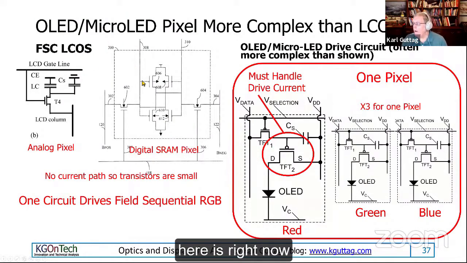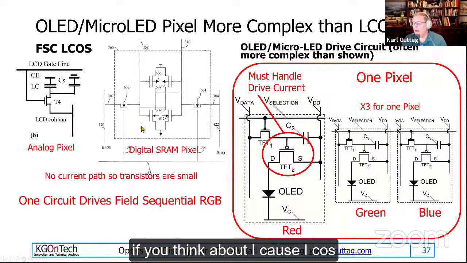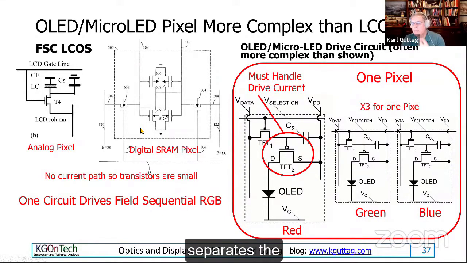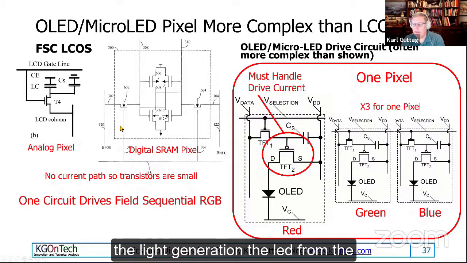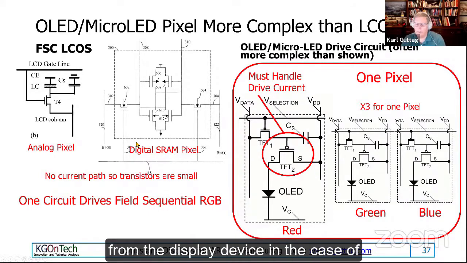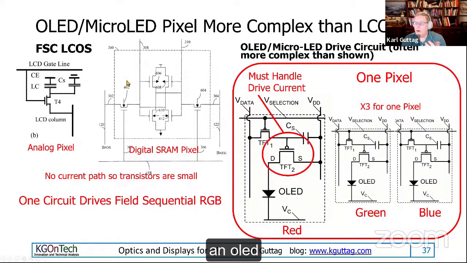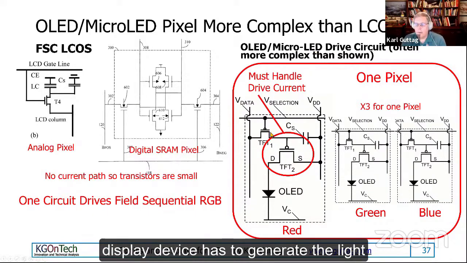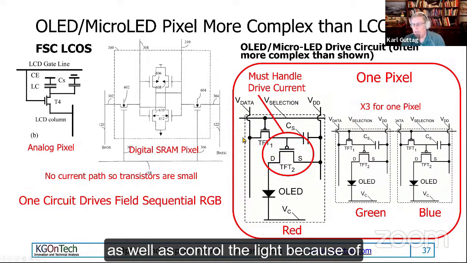The only thing I want to say here is right now, if you think about it, LCOS separates the light generation, the LED, from the LCOS device, the display device. In the case of an OLED or a micro LED, the display device has to generate the light as well as control the light.